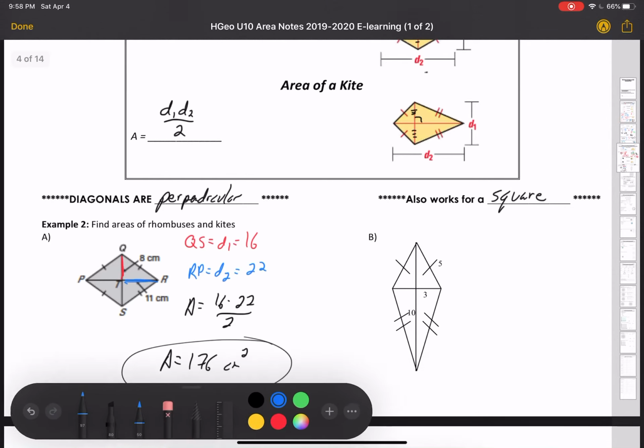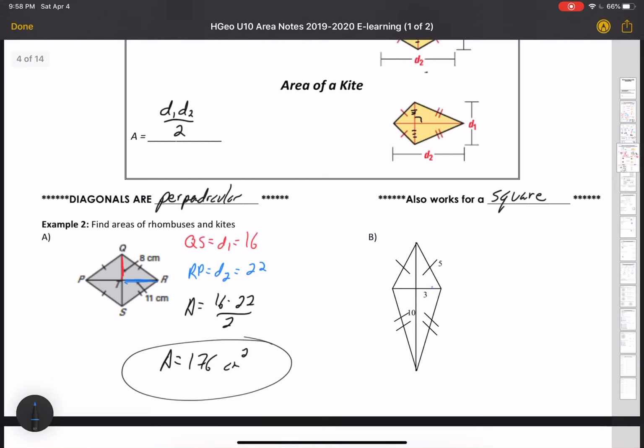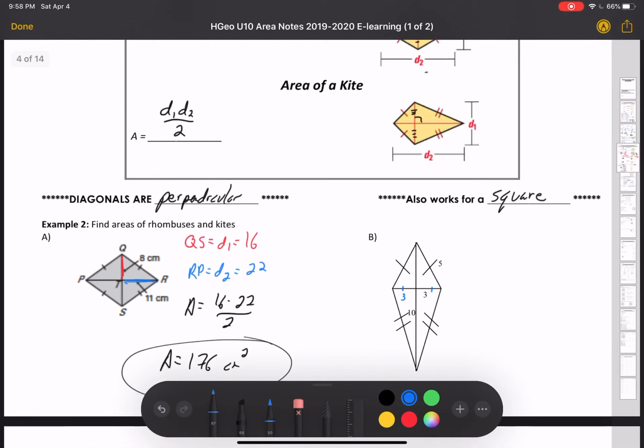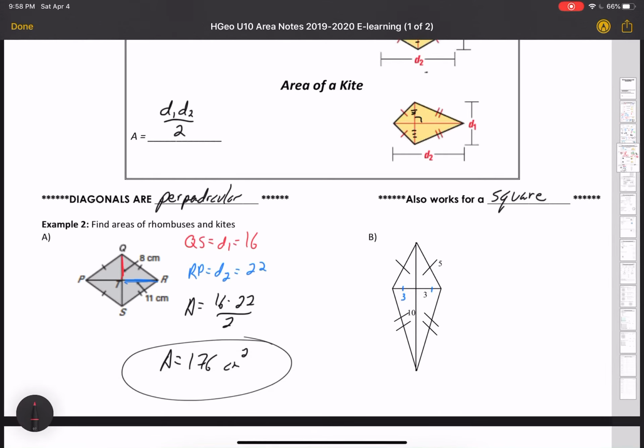Time for the kite. So we know if this part's 3, then this part's going to be 3 as well. But just like in the trapezoid, we have an issue where we don't know all of the second diagonal. But what we do have is a right triangle here that I can set a Pythagorean theorem for.